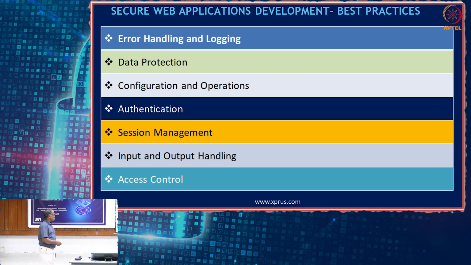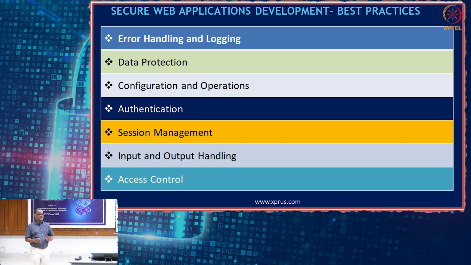Alongside, we will see some best practices. Ma'am was also asking what the best practices are when you talk about secure coding or development, management, operations. These are some of the critical things: error handling and logging. When you develop an application, how do you publish your errors? What should be visible internally for the application? What should be visible for the end user?